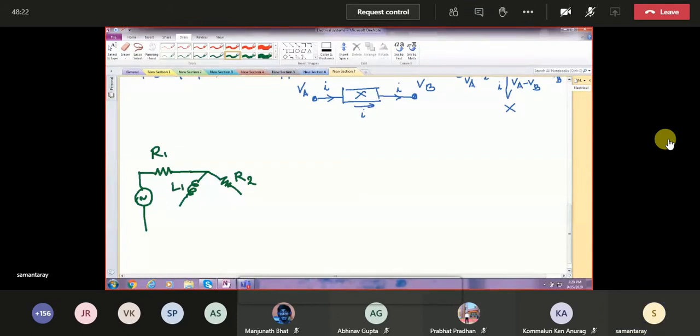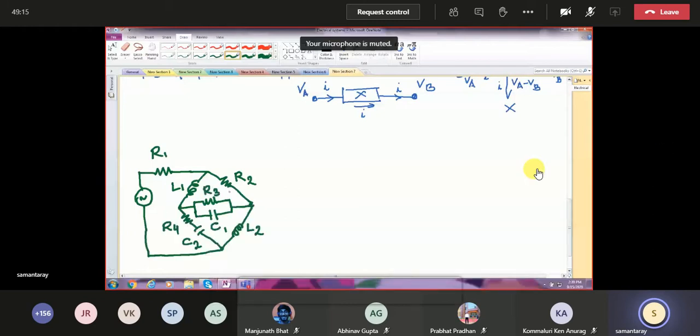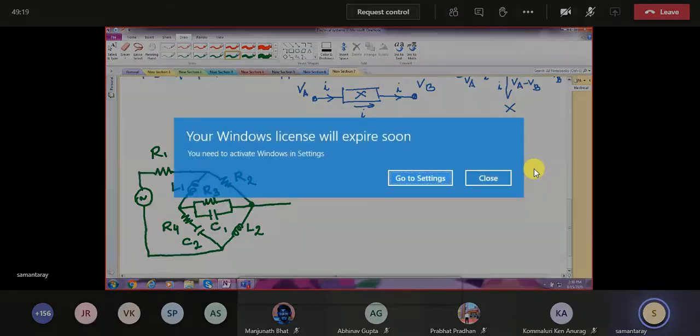Then in this there is some resistance and some capacitance, call it R3 and C1, and a source V1. In this circuit, let us put a transformer.